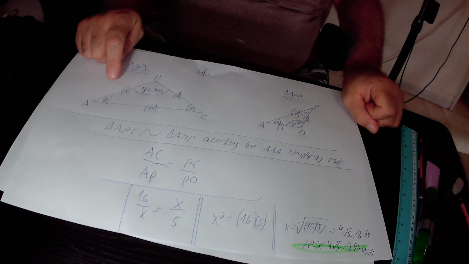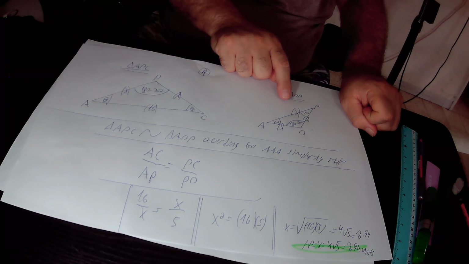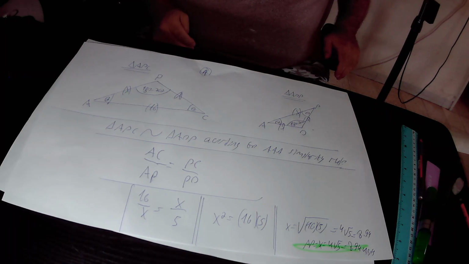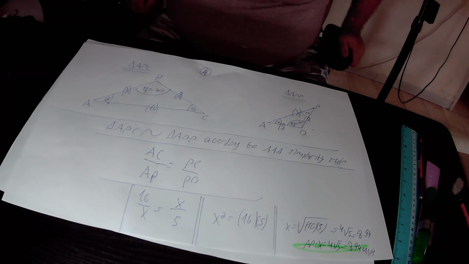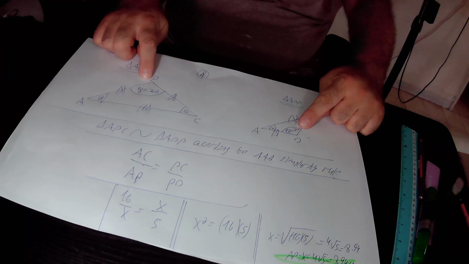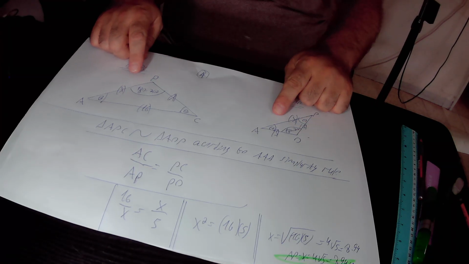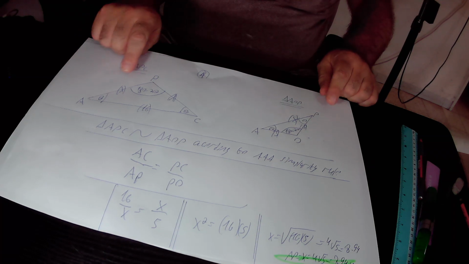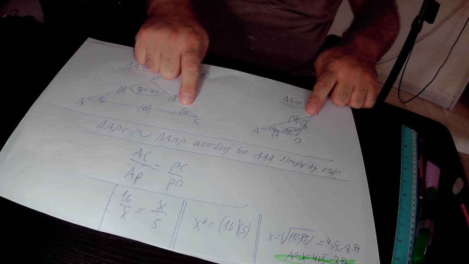This is the big triangle APC, and this is the small triangle AOP. Why are those two triangles similar? First of all, those two angles are both equal to 180 degrees minus 2 theta, therefore they are equal to each other. In addition, those two angles are both equal to theta, therefore they are equal to each other. And finally, those two angles are both equal to theta, therefore they are equal to each other.